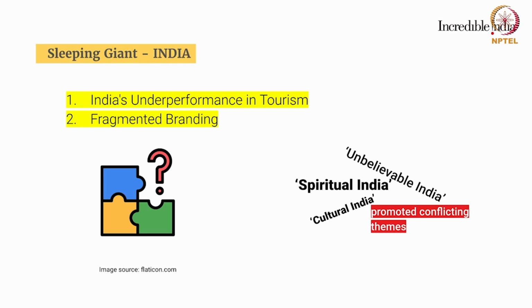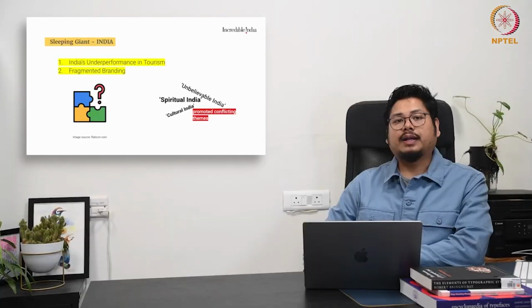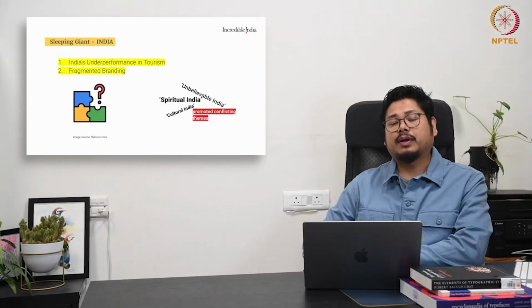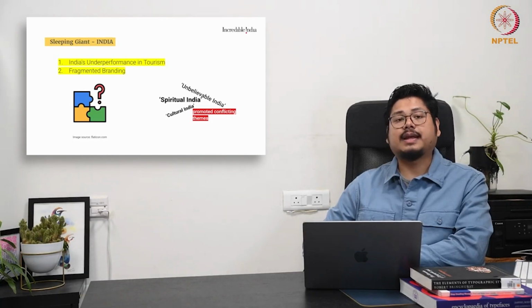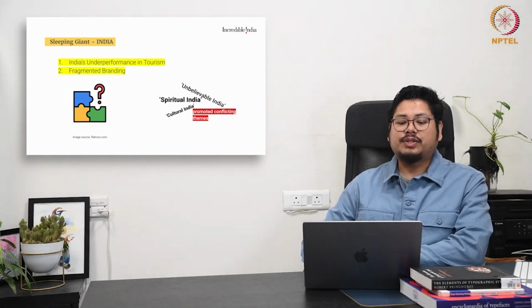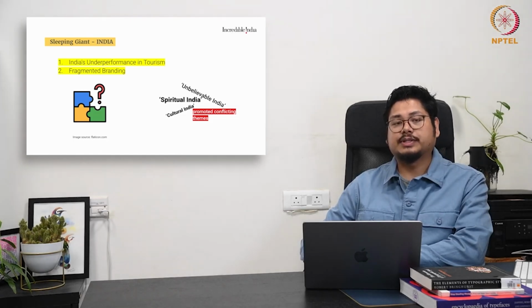The overseas offices had conflicting themes: some depicted India as spiritual India, some as unbelievable India, and some as cultural India. So there was a disparity in cohesive representation, leading to confusion about what exactly India stands for and why one should visit India. That was another point highlighted when they looked at how to project India as a tourist destination.